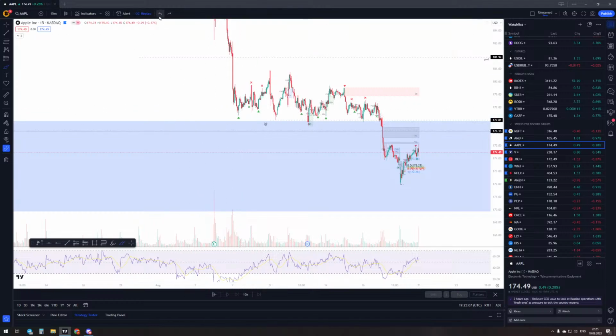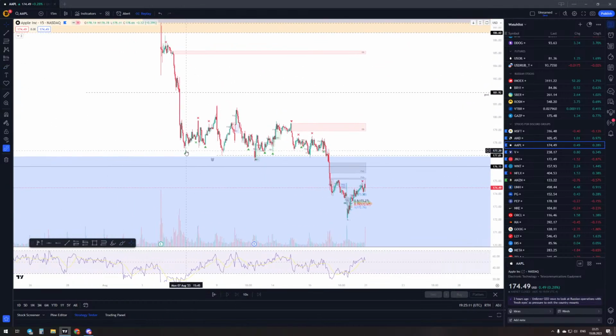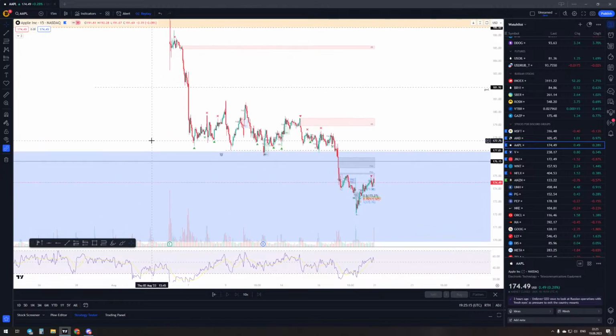My entry was when we went and grabbed liquidity from this low on the 50 minute, and my entry was here. Again, I didn't wait for confirmation because I rarely do it, but nowadays probably I have to do it anyway.